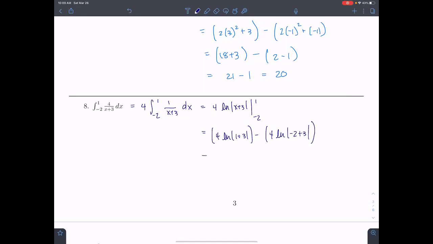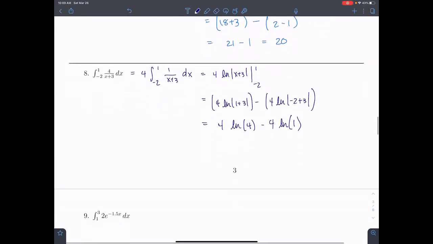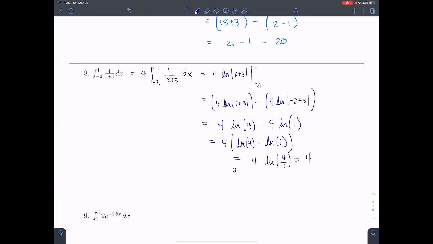So this is 4 times the ln of 4 minus 4 times the ln of 1, which is equal to 4 times the ln of 4 minus the ln of 1, which is 4 times the ln of 4 over 1, which is 4 times the ln of 4.